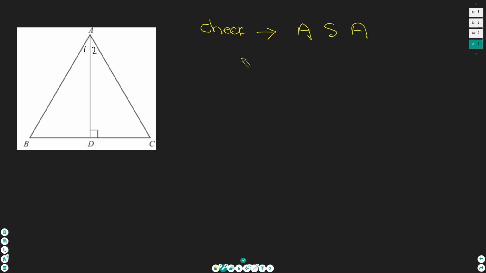We can also show that the ASA is also true. Angle, side, angle. For example, the A1 is equal to the A2 because the AD is a bisector of the angle. Then angle B is equal to the angle C. And AD is a common side.